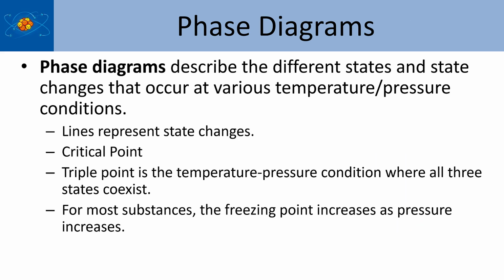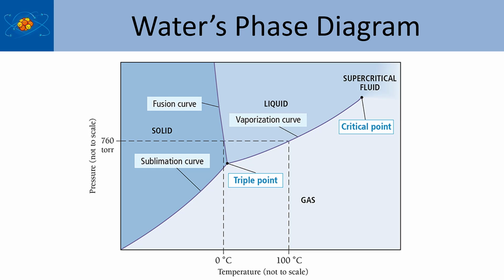So usually it goes this way: increasing pressure makes it easier to freeze. For water, it gets harder to freeze. And we'll talk a little bit about water's structure as a solid to understand that.